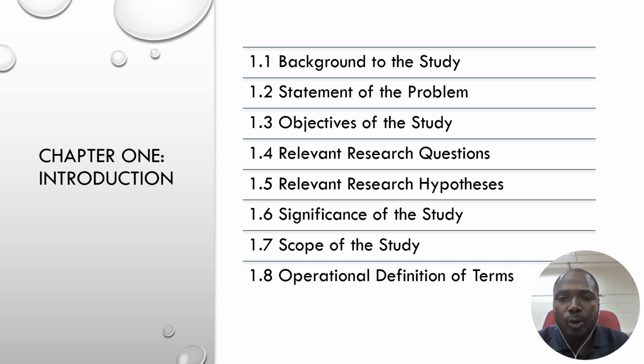Specific is that you want to do it in Yola, then you must set it in Yola. Specific means you want to do it in specialist hospital Yola, so you have to say among patients in specialist hospital Yola. So when you state your objective, it shall have these characteristics.